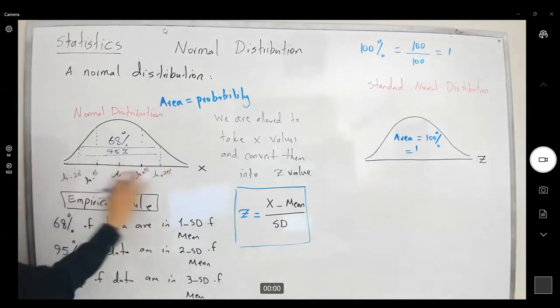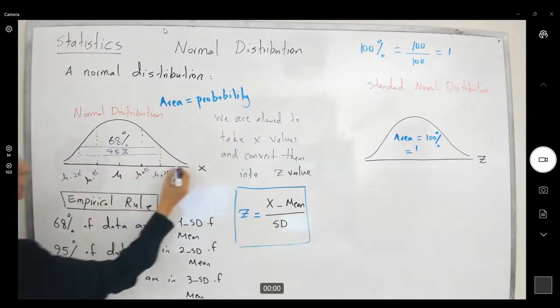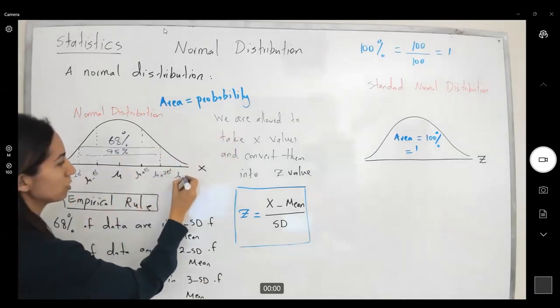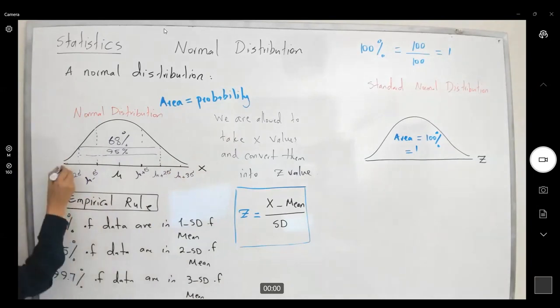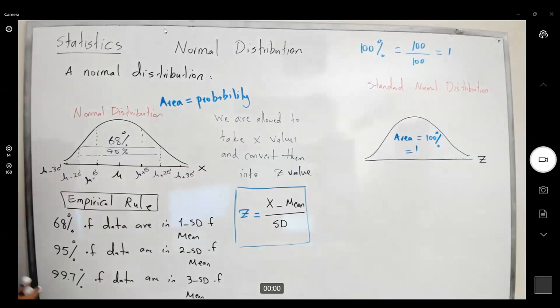Because we want to convert each of these numbers into z-scores, z-values. Mu plus 3 standard deviations and mu minus 3 standard deviations.